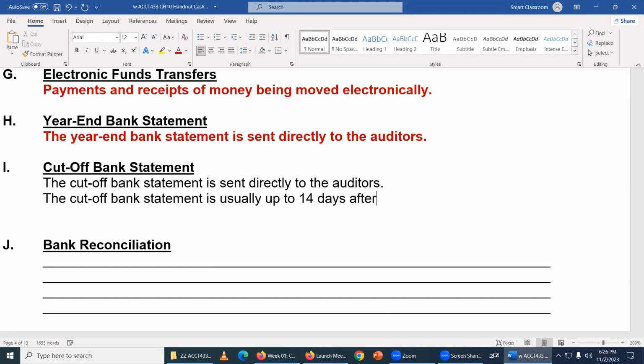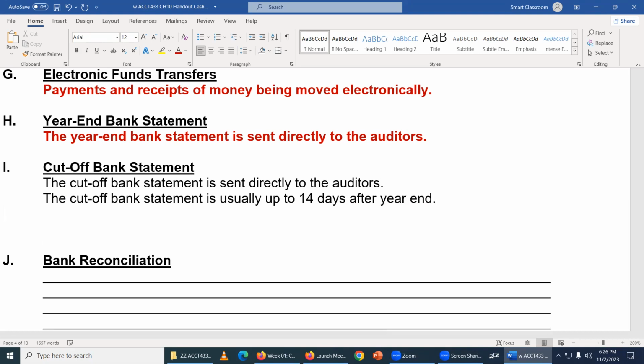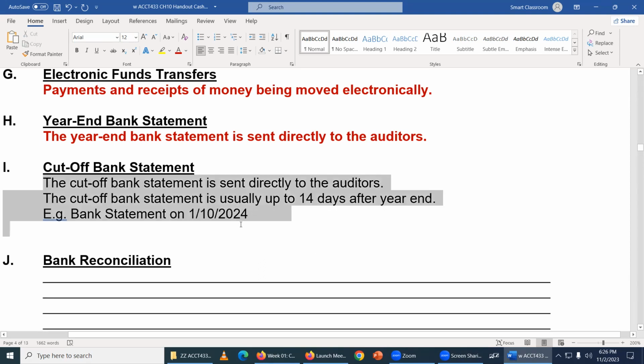Example: a bank statement on 1/10, let's say 2024.